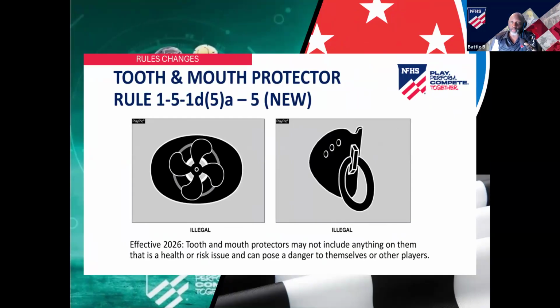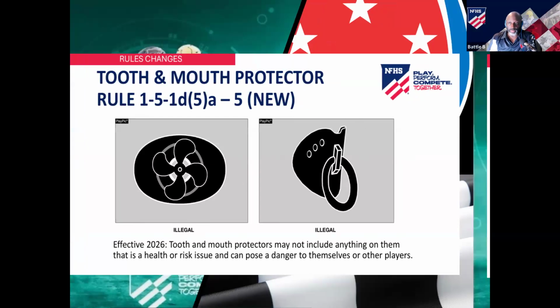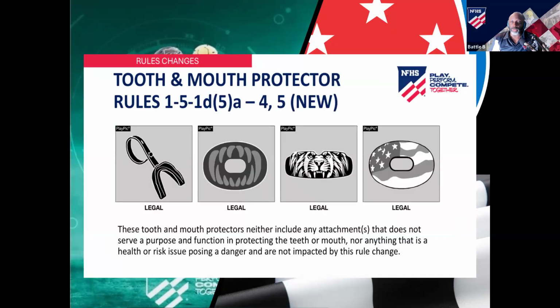It's a team sport. They want everybody in uniformity, and your skills should make you shine, nothing else, all right? These mouthpieces are legal. They can have some designs on it, that's cool. They just can't have any extra extremities on the mouthpiece.